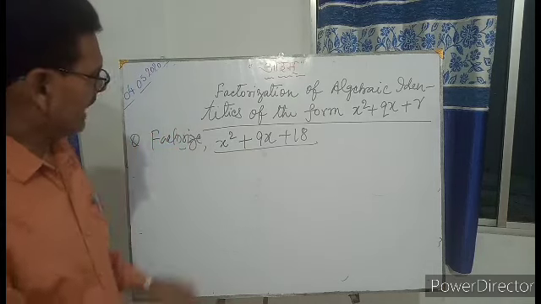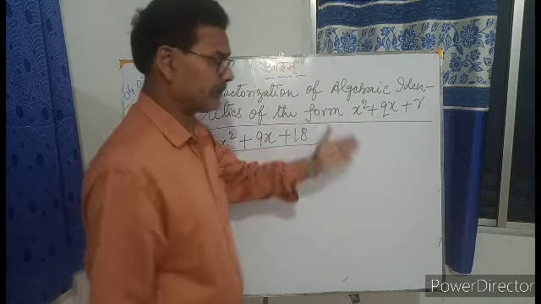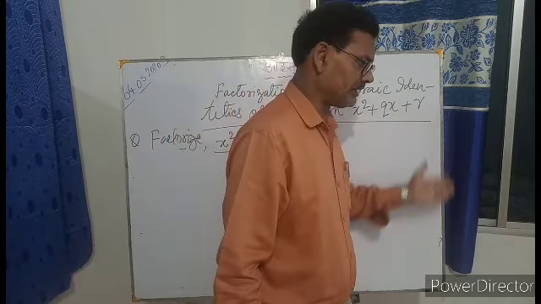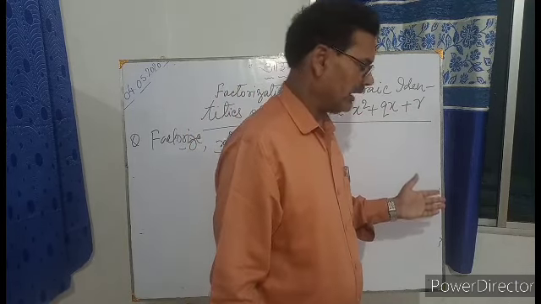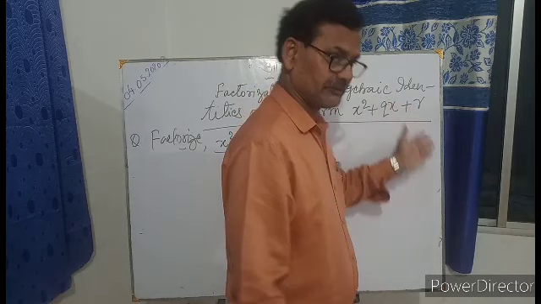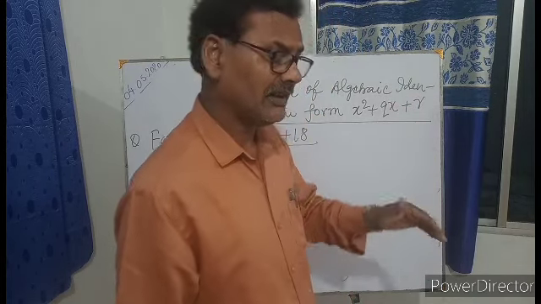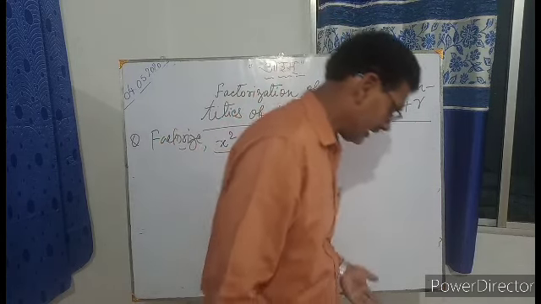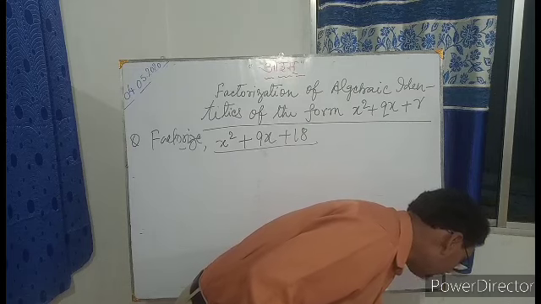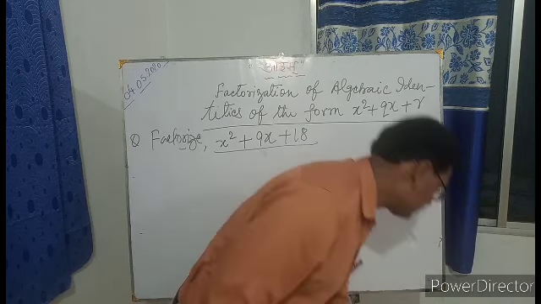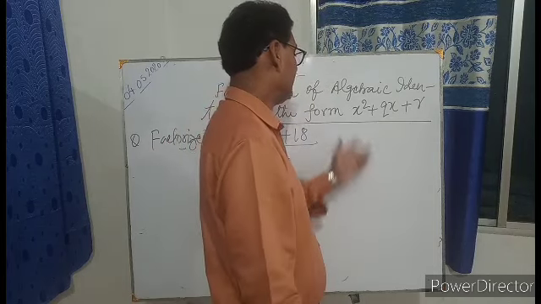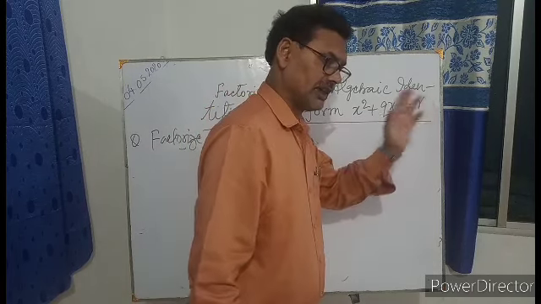Okay, so we have understood this type of expression. Actually this is a quadratic expression. We will discuss this in the next classes. Let us see, we have to factorize x square plus 9x plus 18, that is of the form x square plus qx plus r.